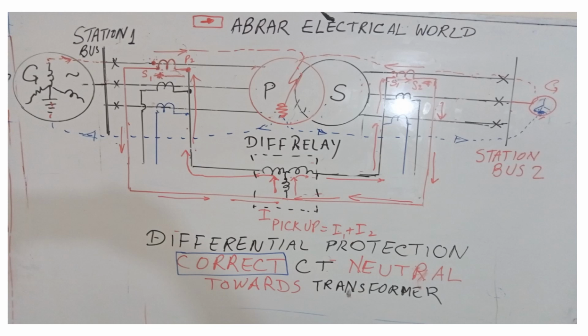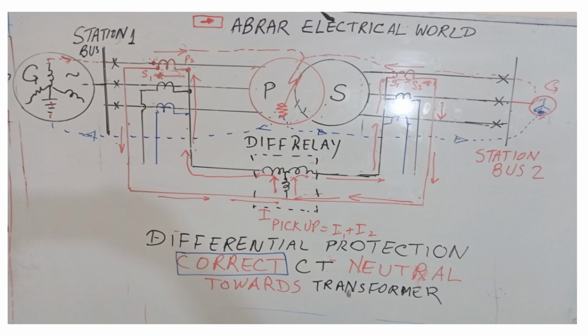So I think I am able to make you understand the philosophy of the connection of the neutrals of the current transformers. I have shown you one phase. Similarly, we can draw the diagrams for the other two phases as well.